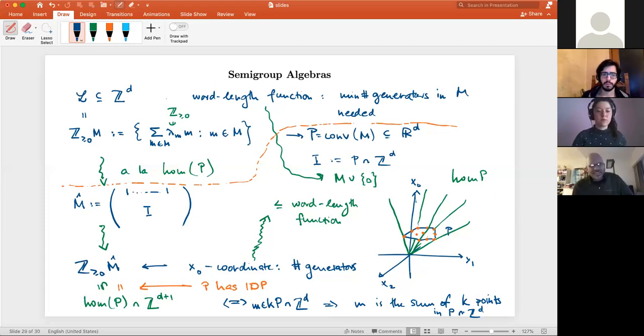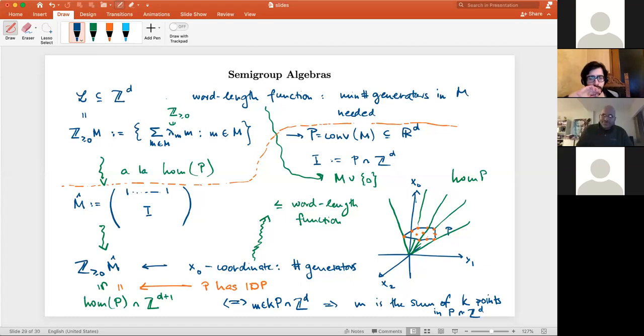It's really the Ehrhart polynomial of a boundary of a polytope, but okay, I can compute it using Ehrhart polynomials. And if it's not IDP, then somebody like me doesn't quite know what to do. Then we need other methods. Are there any questions about this?